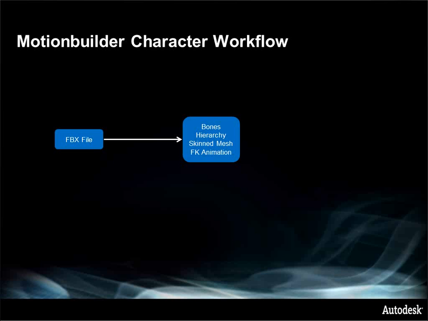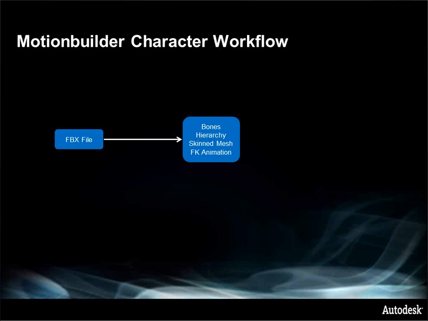And of course, if you've got a skin mesh with textures and all of that, it's also going to come in with FBX as well. But we've got those bones, the hierarchy, the skin mesh, and if you have animation, it's always going to be FK animation inside of the FBX file. So that's how we're going to deal inside of Motion Builder. This central node here is what we're going to deal with in Motion Builder: when we bring it in as bone hierarchy and skin mesh and FK animation.